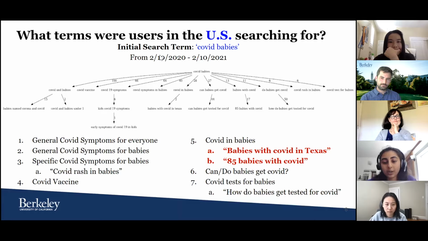The term that was most concerning was the one in red, babies with COVID in Texas and 85 babies with COVID. Because this came up in our first initial exploration, we decided to explore Texas more deeply because this was coming up nationally.